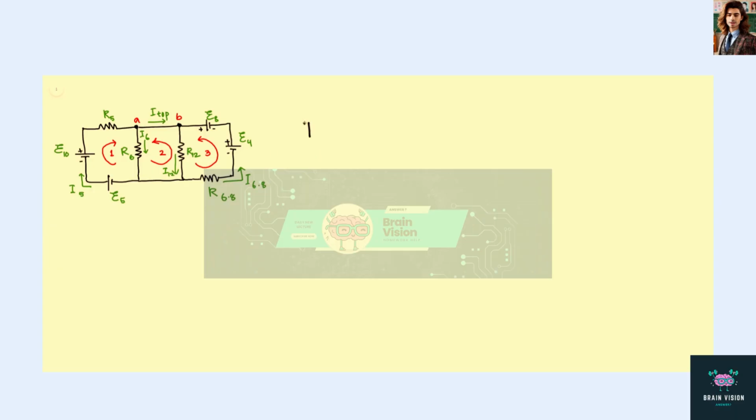So we have I5 equal to I top plus I6 for junction A, and then I top plus I6.8 to be equal to I12, because they have the opposite direction.